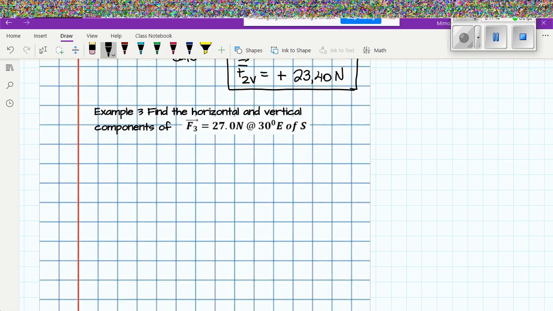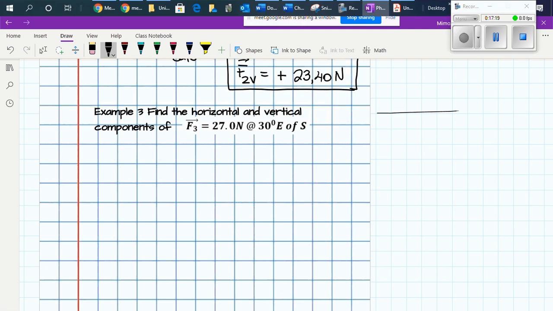Okay, let's move now to the next one. So we have a vector that is between east and south. It is starting from east, moving at a 30 degree angle, with a magnitude of 27. So this is vector F3 with magnitude 27 newtons, and this angle is 30 degrees.